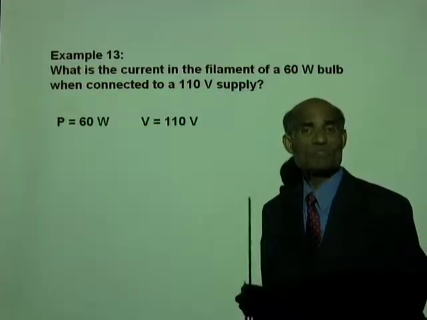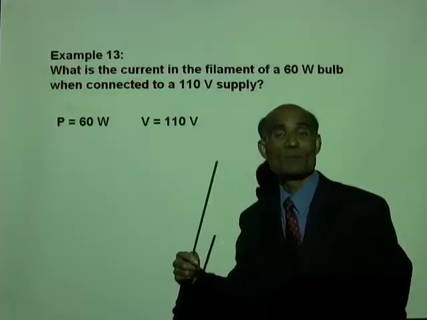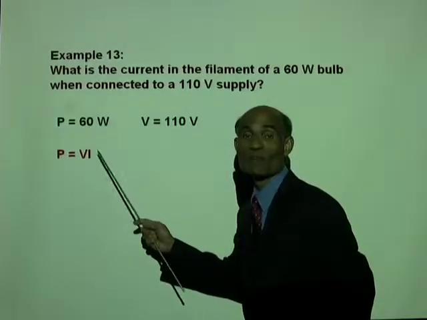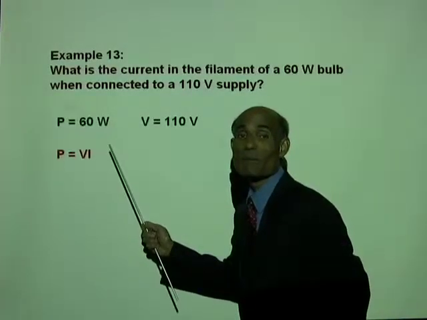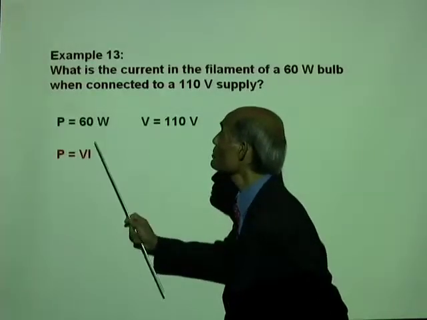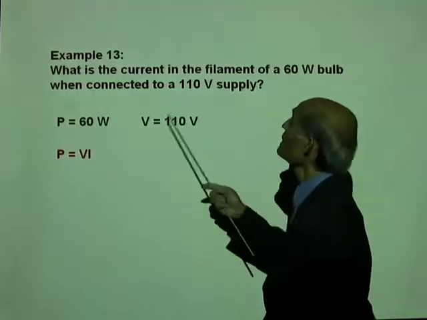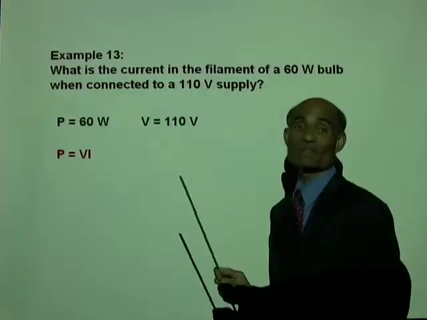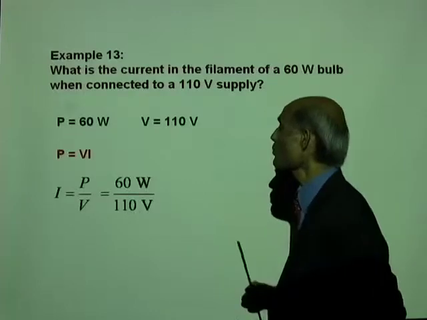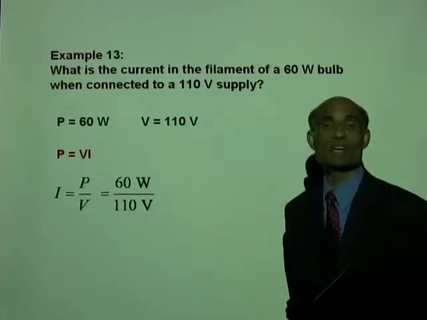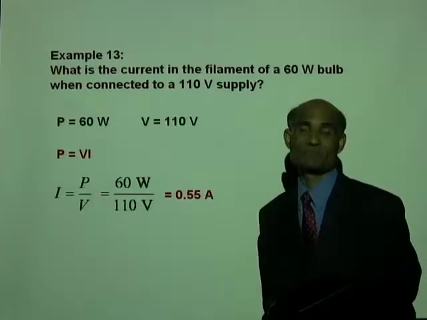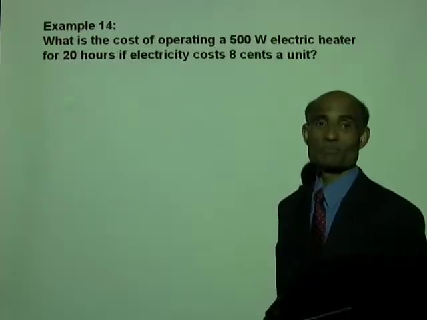Do you remember the equation we developed for the power? Power is V times I. Don't forget that. We know the power and the voltage, therefore we need to find the current. I equals P over V. That will be 60 watt divided by 110 volts. That is 0.55 ampere.